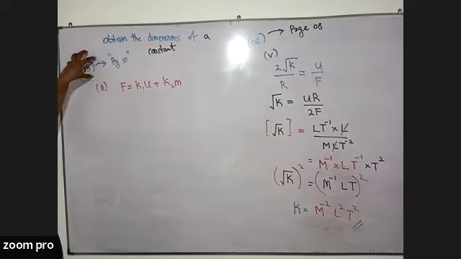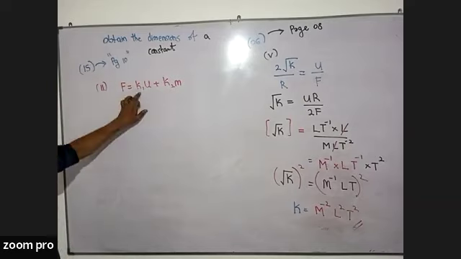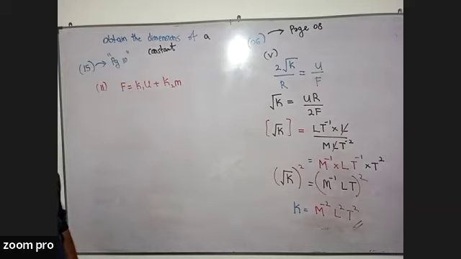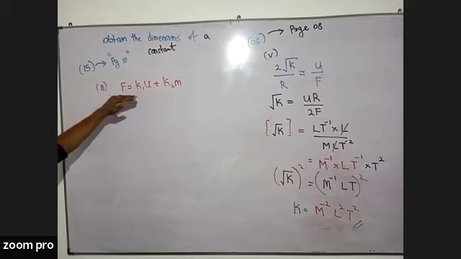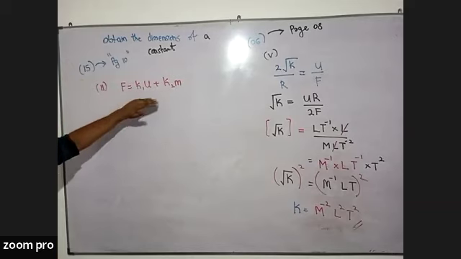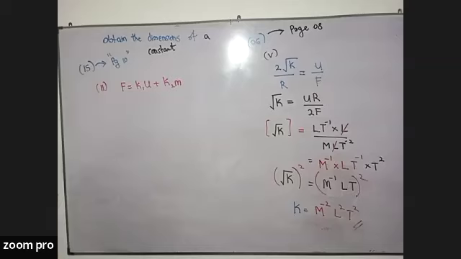But in the 15th question, you have to find the dimensions of both constants k1 and k2, right? Okay. Now I have told you how to obtain the units in this kind of expression when we were discussing the units, right? Just recall your memory and find out the dimensions of k1 and k2.